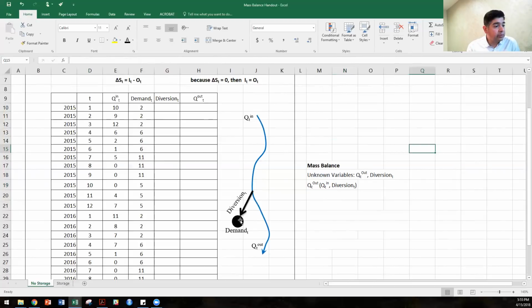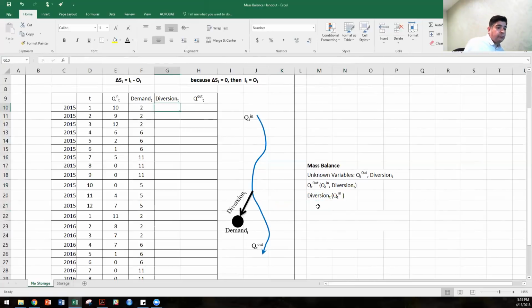Now, the problem here is that our other unknown variable is this diversion, which depends on how much water is coming in. Depending on how much water is coming in and what the demand is, we can estimate the diversion.